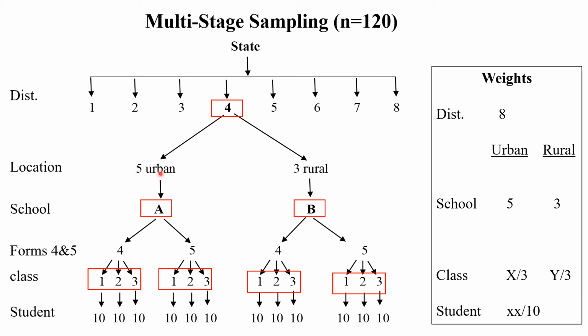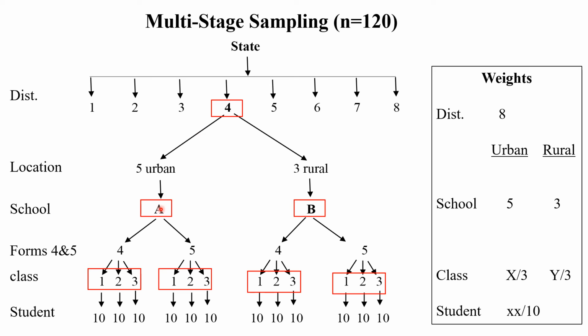Again, I can't go to all the 5 and all the 3 schools. Let's say I select 1 school randomly here, school A, and 1 school randomly here, school B. So it's a school selection. All the red boxes we are selecting.